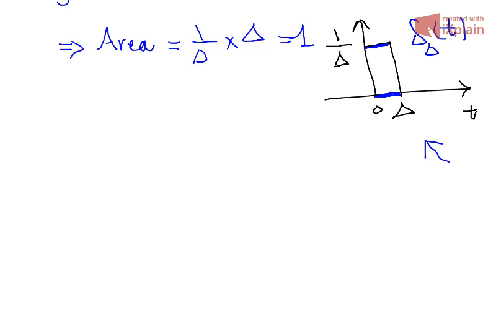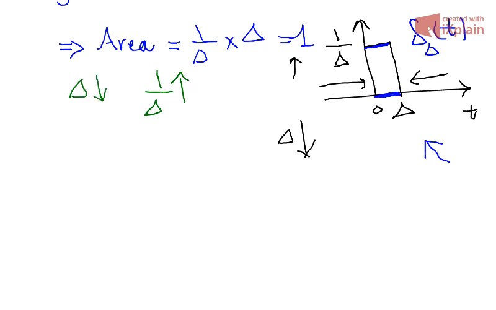Now, maintaining the area of this signal, suppose we compress it by decreasing delta, the width of the signal. Because the height is 1 over delta, if we maintain the area and decrease delta, 1 over delta would increase.